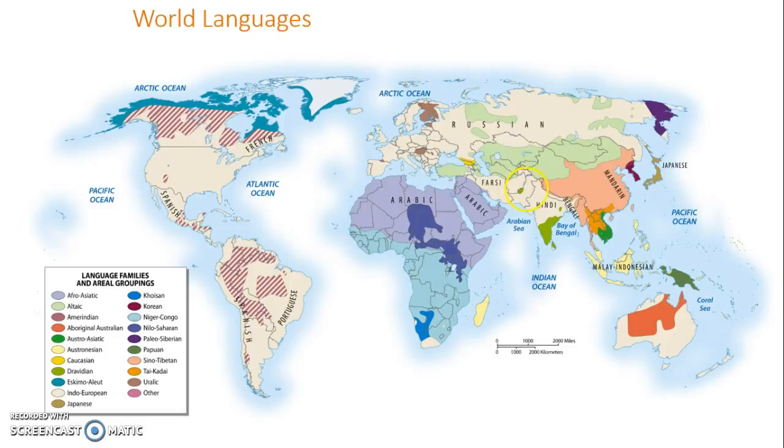So it's a very large family of languages. When you do that, you see that there are not really very many large language families, even though there are thousands of individual languages in the world.